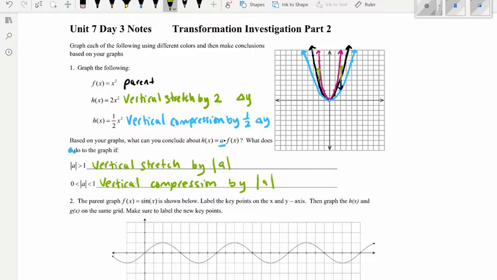Now, why did I use the absolute value? Because remember that if a is less than 0, that's a different transformation. This is a reflection across the x axis. So that's why we're using the absolute value of a.